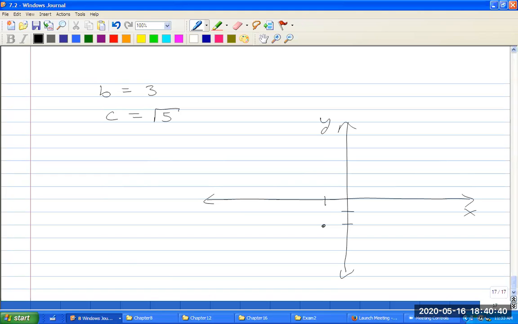Okay, and then you go 2 in your x. So 1, 2 in the x. So the center is at -1, -2, and the vertices are at 1, -2 and at -3, -2.